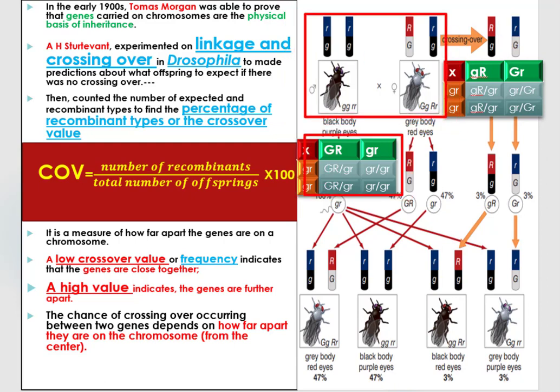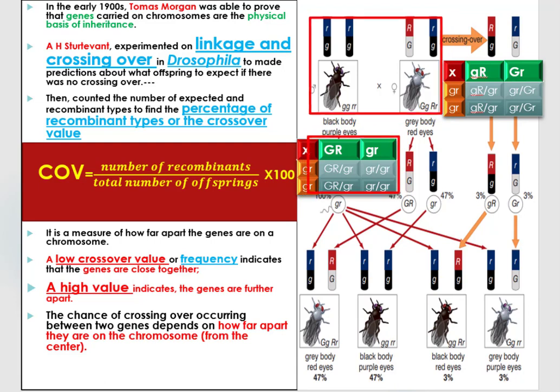If gametes of black body purple eye, that is small g small r and small g small r, randomly fuse with gametes of gray body red eyes, capital G capital R and small g small r, half of the offspring could be gray body red eyes and half of the offspring could be black body purple eyes.